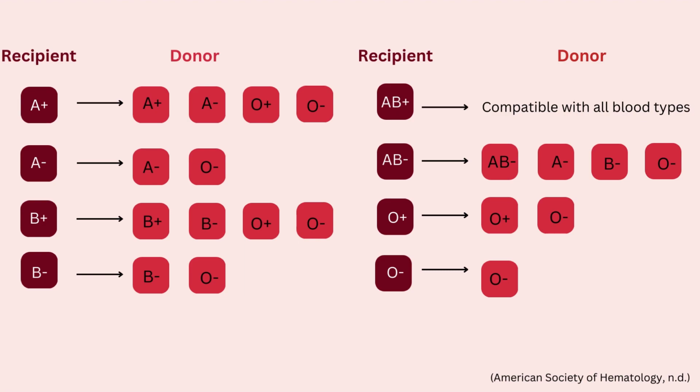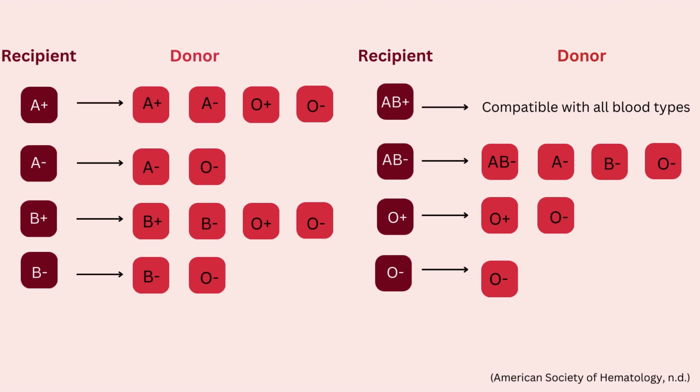A minus blood type recipients can receive blood from A minus and O minus. B plus recipients can receive blood from donors who are B plus, B minus, O minus, and B minus recipients can receive donor blood from those who are B minus or O negative.